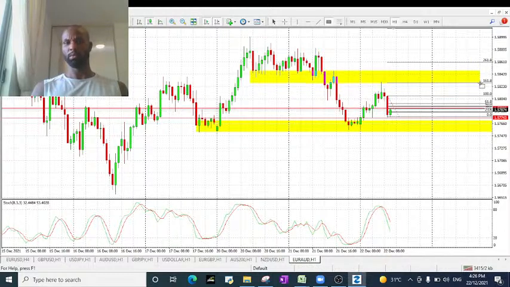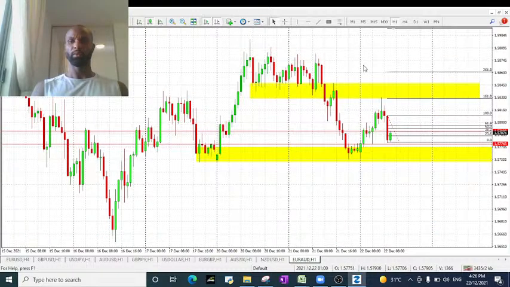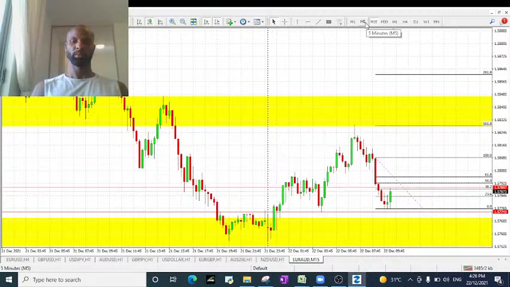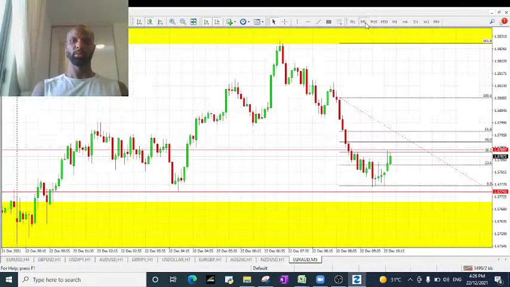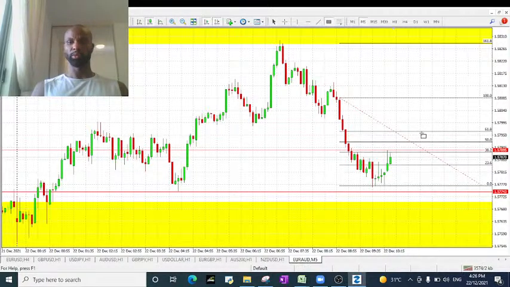We are sitting right on top of a resistance. This zone here. Came down here, rejected, up here, rejected, down here again, and we pull back. Yeah, buyers are stepping in. Of course, this is our Q zone.